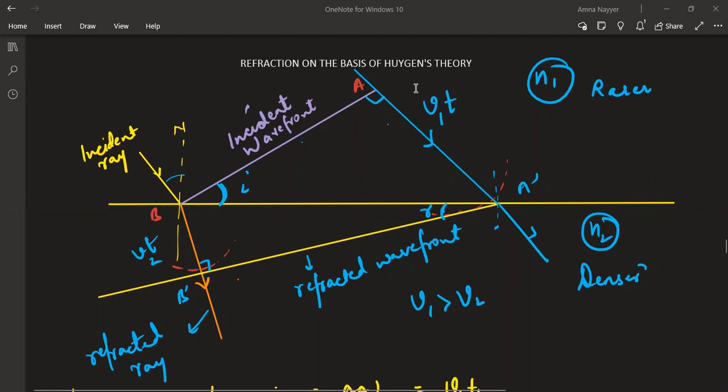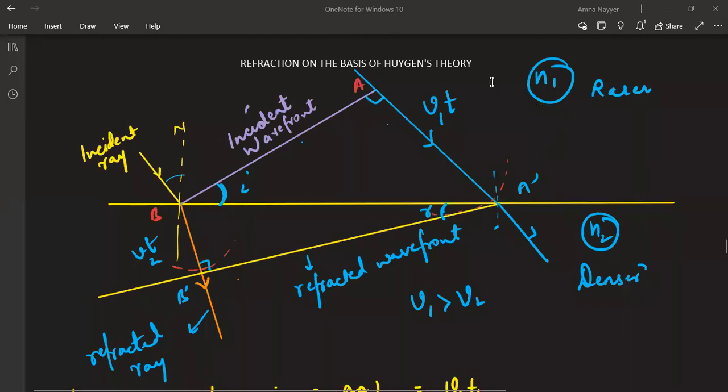Derivation, yes, Fahad. The derivation only I'm talking about from the wavefronts part. Yes, of this topic, refraction and reflection, this is a kind of derivation only. When you're talking about refraction and reflection on the basis of Huygens theory, it is actually one of the types of derivations only. So among the derivations, refraction and reflection, it's not like either of them is important.